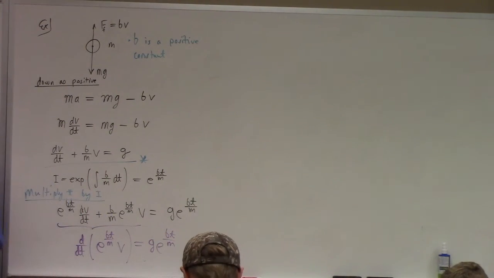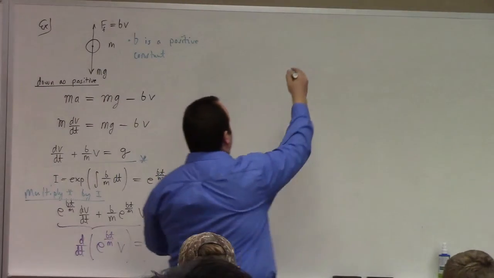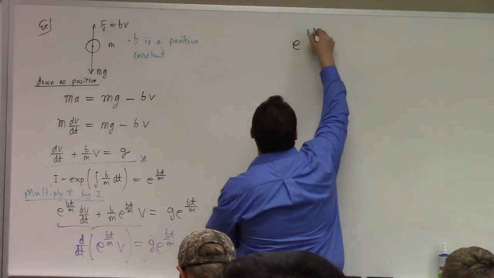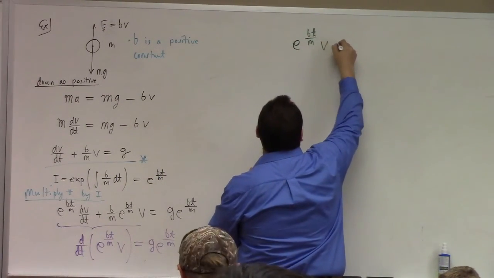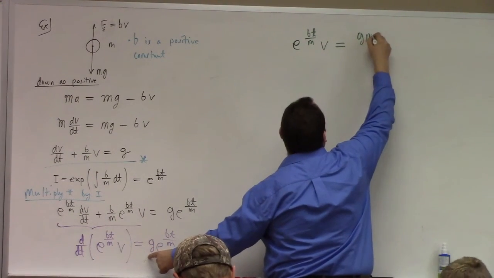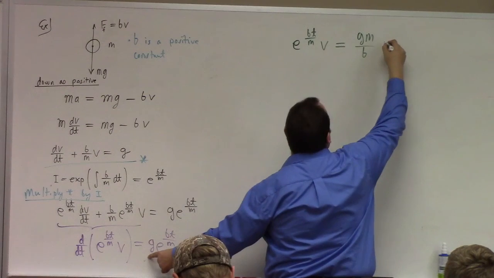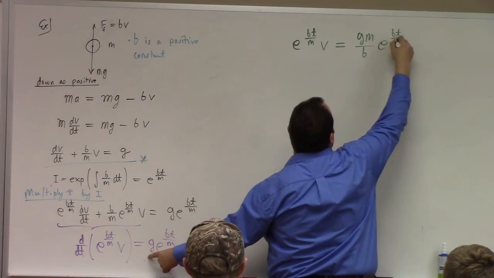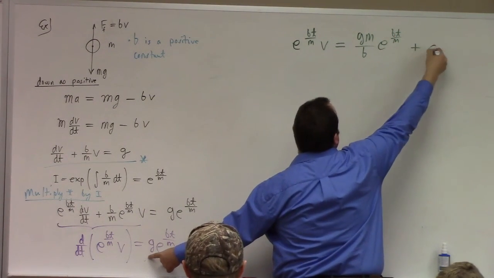Now we integrate both sides. Integrating gives me e to the bt over m times the velocity equals, this we can integrate, gm over b e to the bt over m plus some constant.